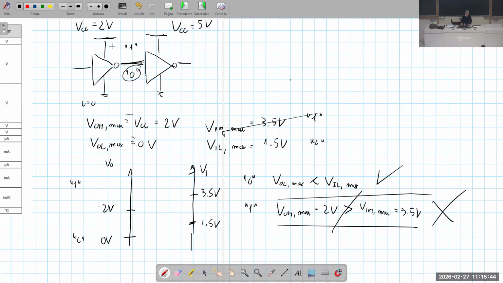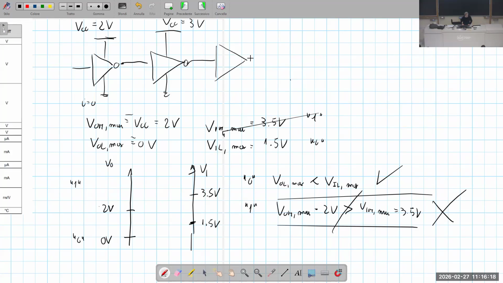What could we do if we have a circuit working at 2 volts and we want to interface it to a circuit working at 5 volts? Actually, I will leave you as an exercise, and maybe you will see it in the next exercise session: if we put in the middle another gate that is operated at an intermediate VCC voltage, maybe 3 volts, the goal could be accomplished.